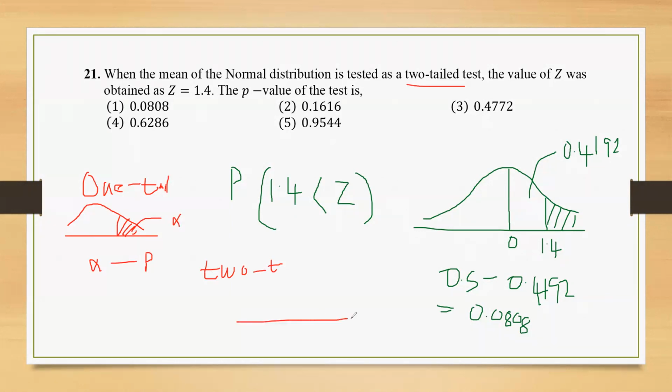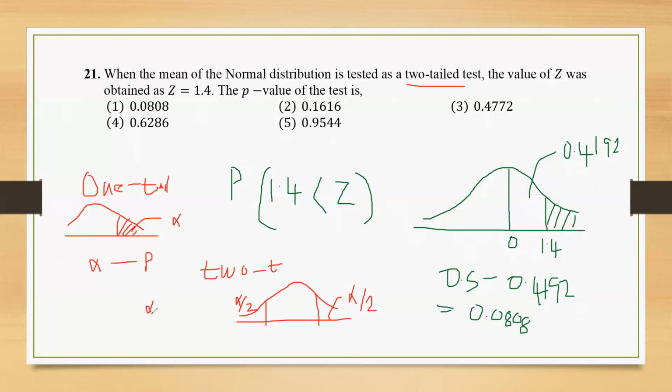In a two-tail test, what happens? Now you divide your critical region into two parts. It means you allocate alpha divided by 2 here and alpha divided by 2 here. So now you would need to compare your p-value with alpha divided by 2, not with alpha.